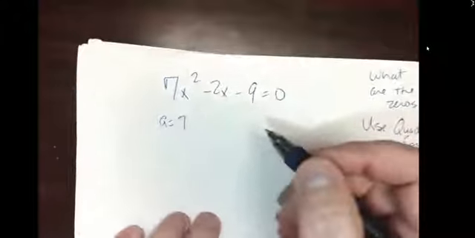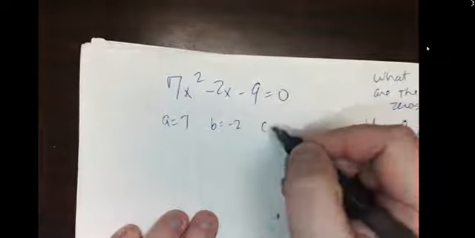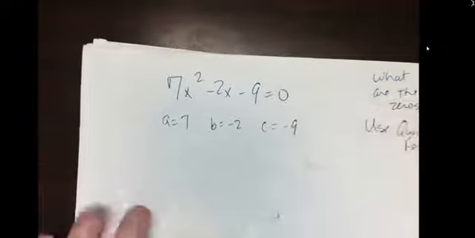Okay, if I use the quadratic formula, a is going to be 7, b is going to be -2, and c is going to be -9.